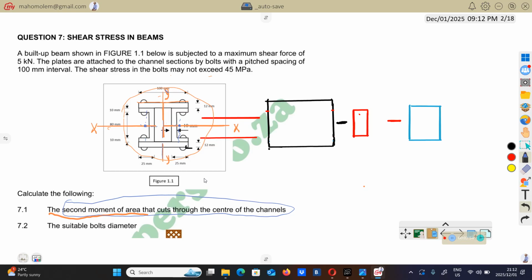So before we go there, we're going to calculate the I total of this built-up beam in this way. We're going to assume that this thing, this profile, initially it was a box.